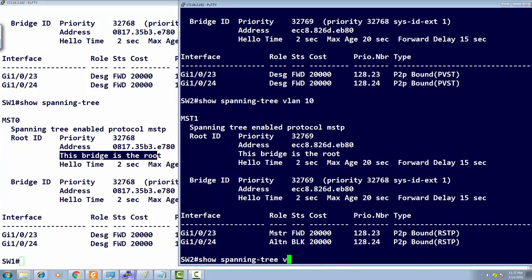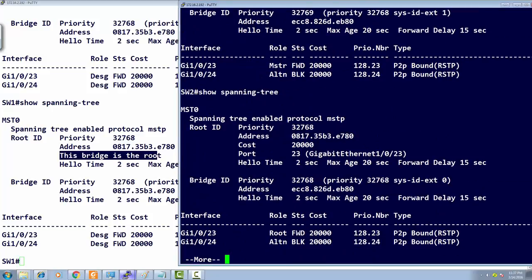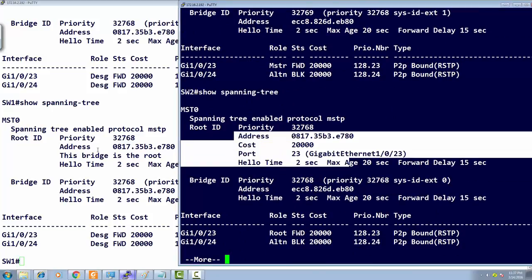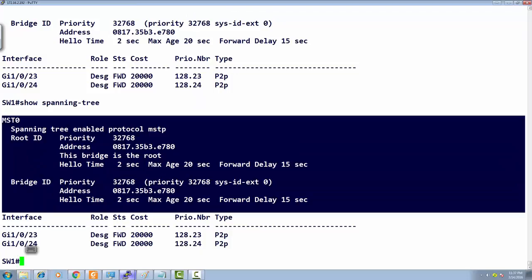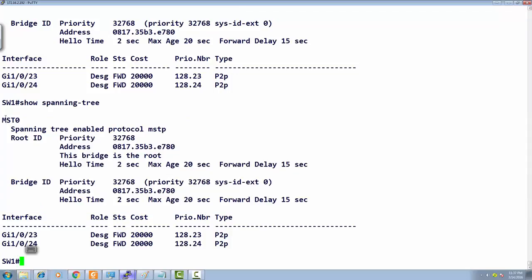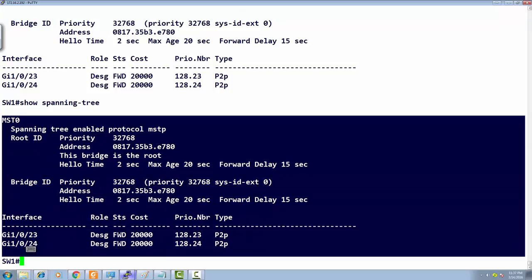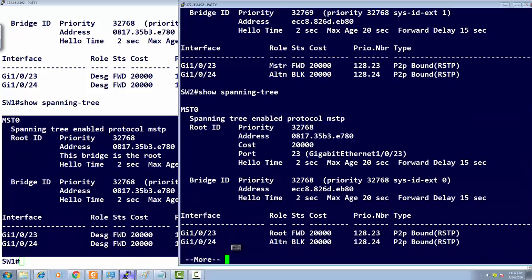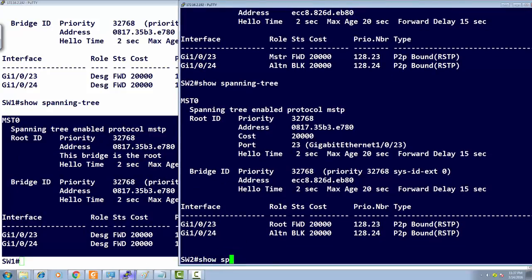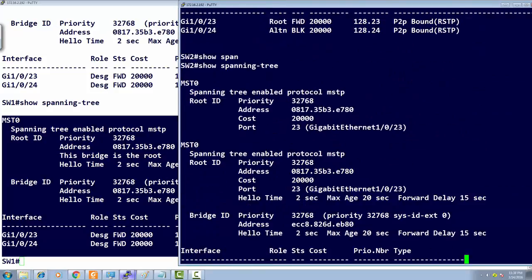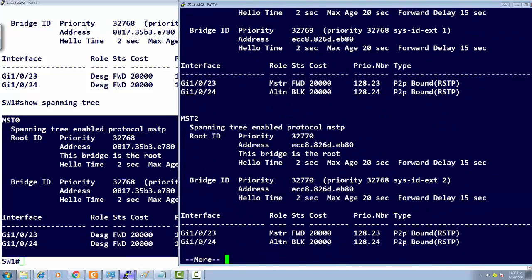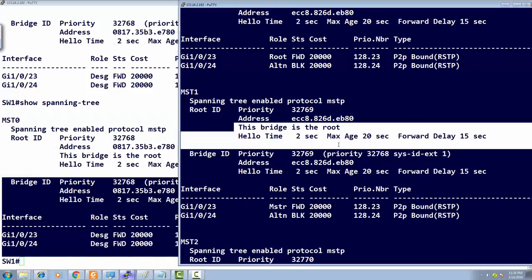But let me see for MST0 who's the root. It's this switch. Now because you do not have MST1 here, he is elected as the only guy for MST1. Show spanning tree for MST1, because he doesn't have a competition there. He is the root here.